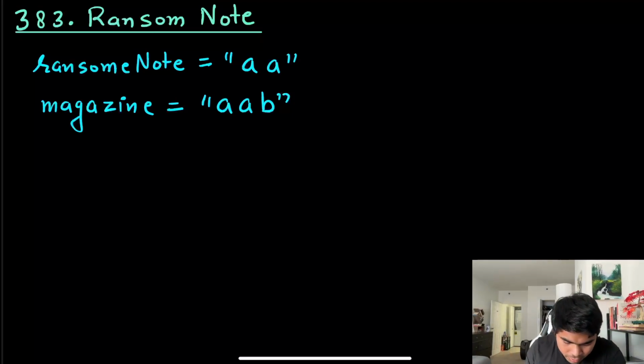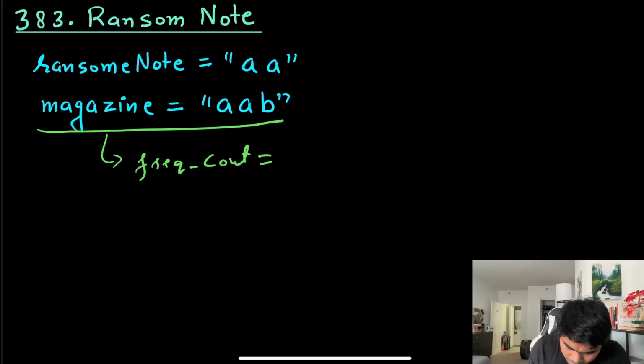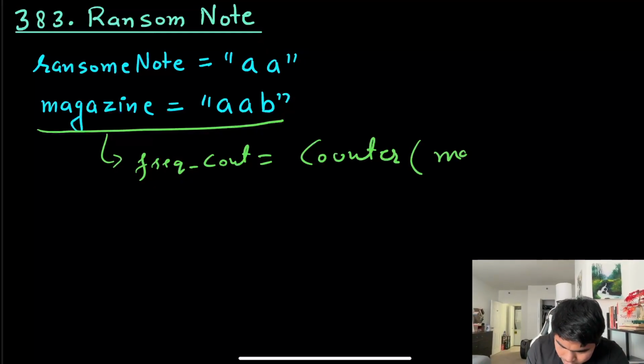A more optimal way of solving this problem would be: how about I create the frequency count of the magazine. I'll call it freq count, and I will just use the inbuilt function Counter, and I will send in the magazine.